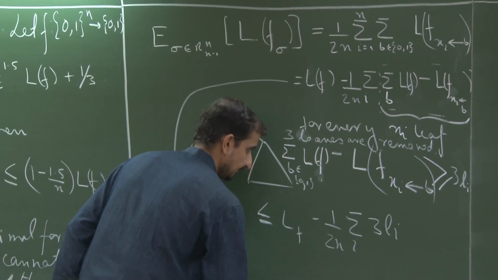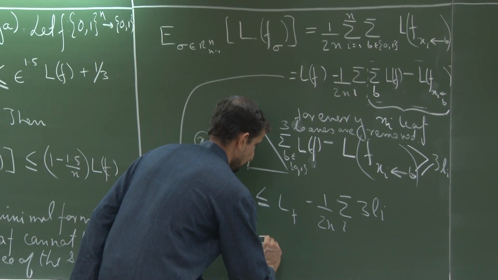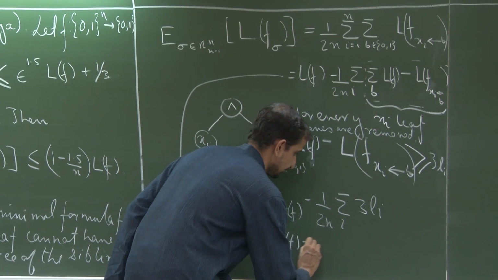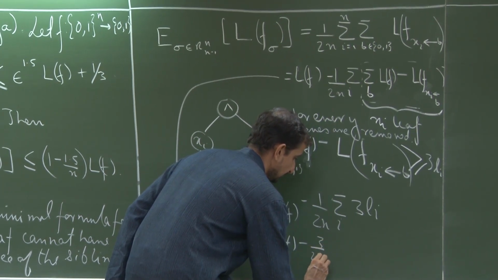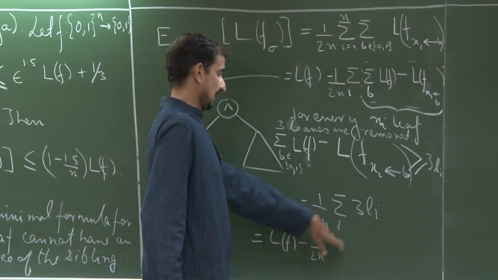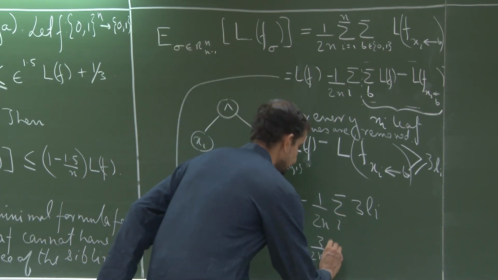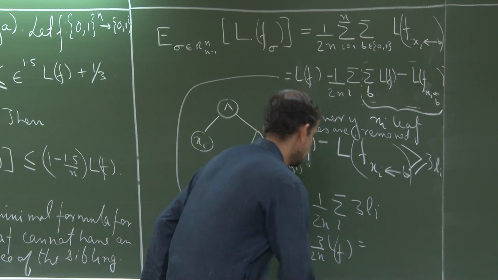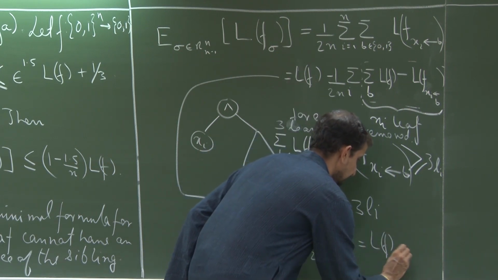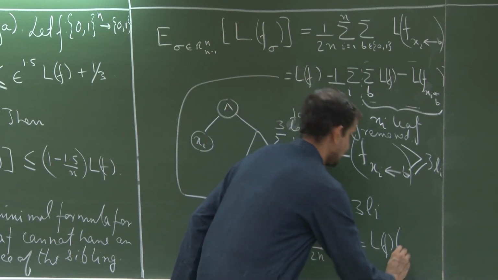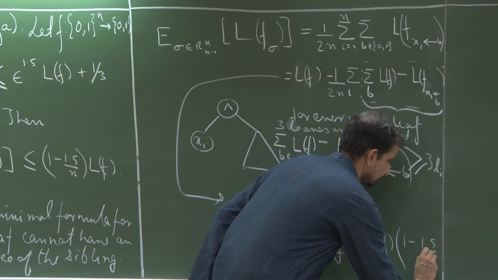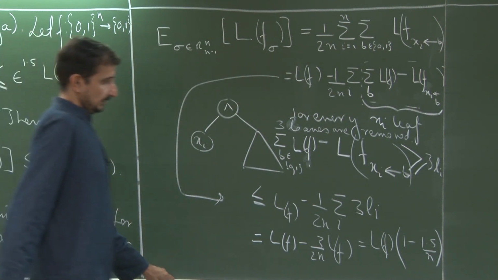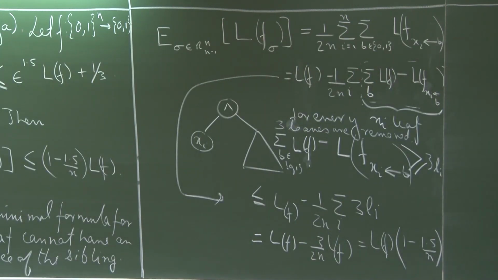This I can write as L of f minus 3 over 2n, and sigma Li is nothing but L of f. So, this is equal to L of f times 1 minus 1.5 by n. Once we get this observation, this is easy.